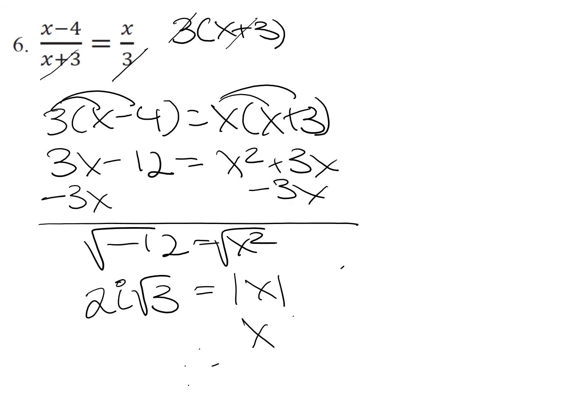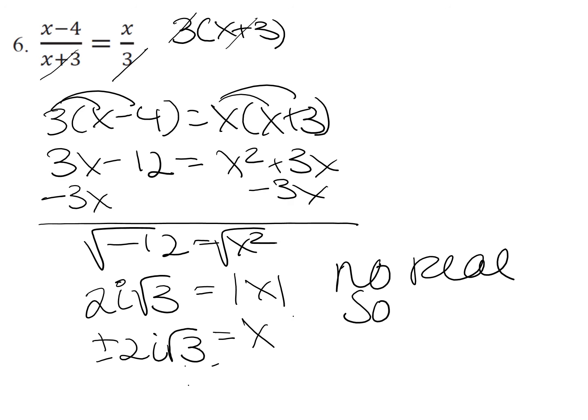Okay, and so then x would be plus or minus 2i root 3. But if it's asking you for all real solutions, I'd say no real solution. And that's because this is imaginary.